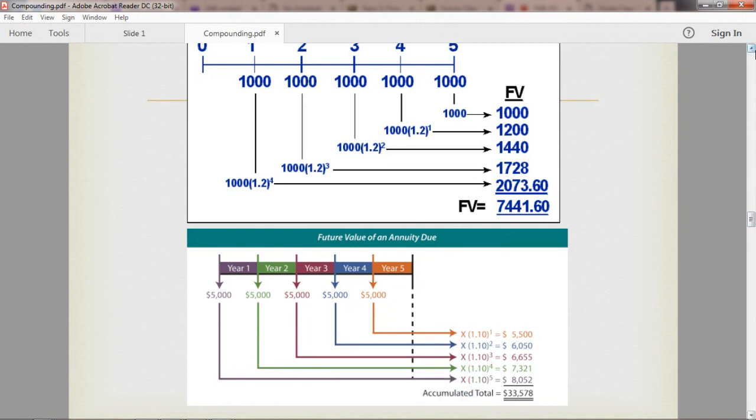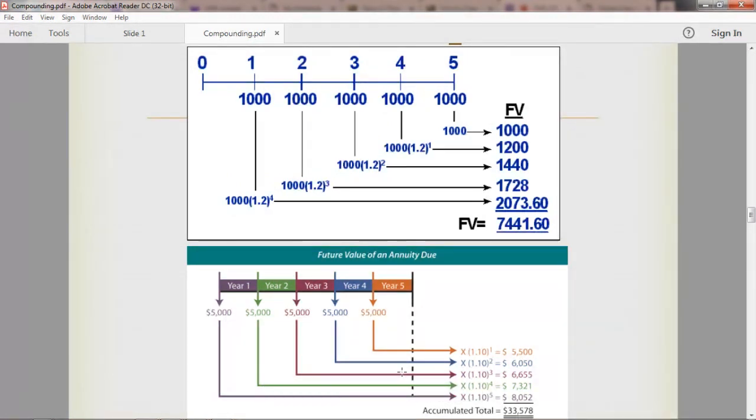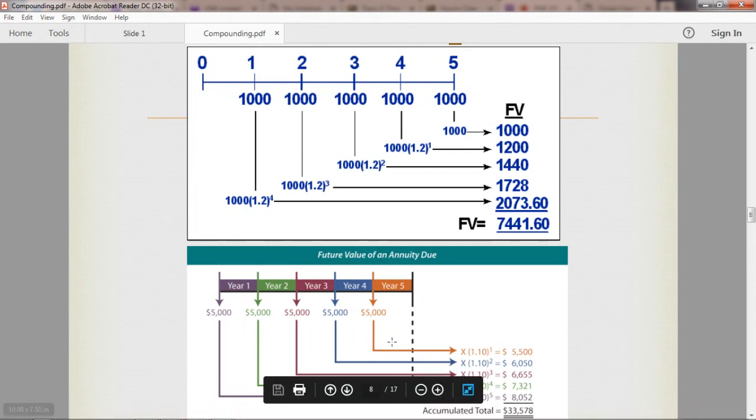But then the question is, when do we use this and when do we use this? Of course, depending on the assumption, right? If the assumption is that you are making a deposit at the beginning of the year, the beginning of the period, then it's this.